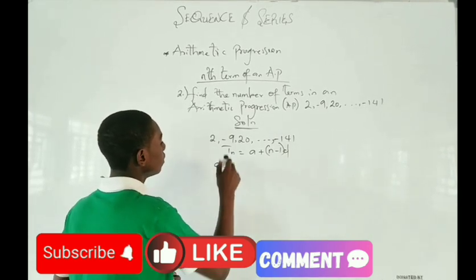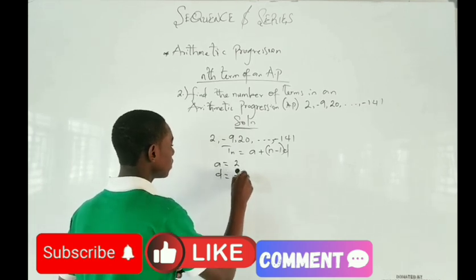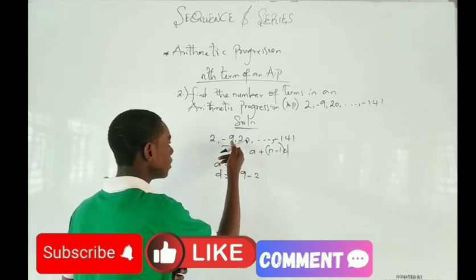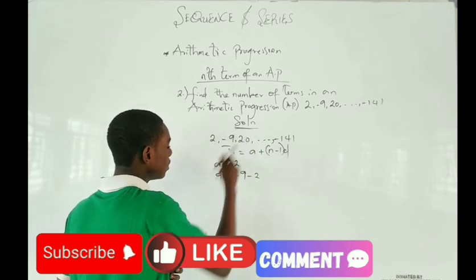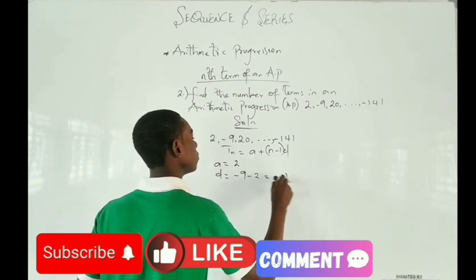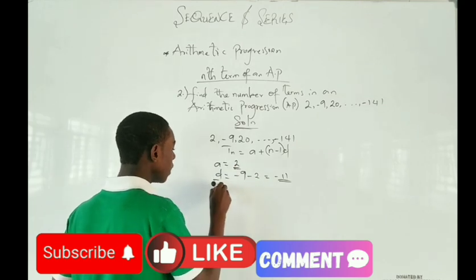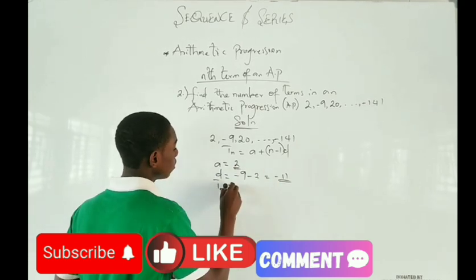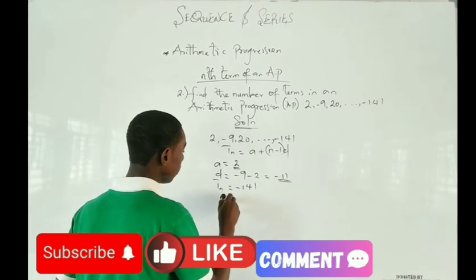My A is 2. My common difference is minus 9 minus 2, that is the difference between these two terms, so we have minus 11. Then my T of n, which is the last term, is minus 141. I'm asked to find n.